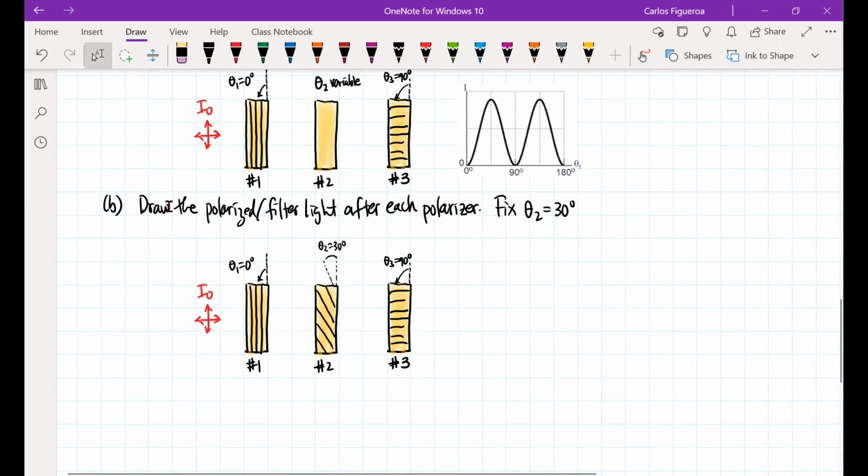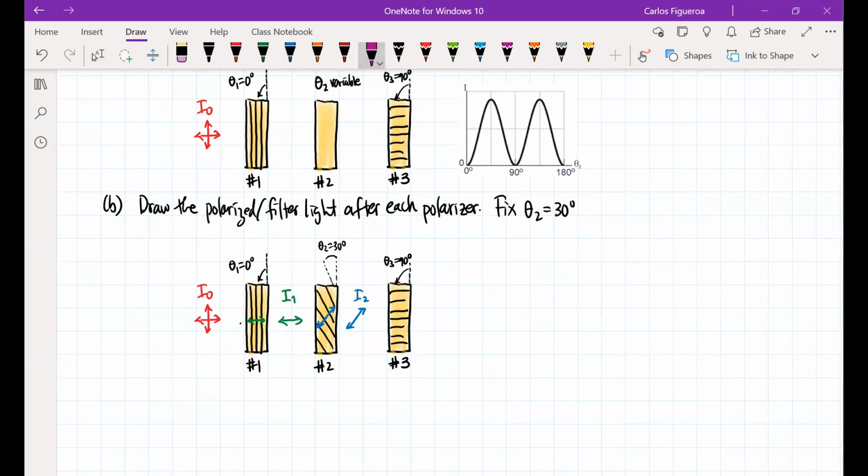So now what does the light look like? As the light goes through the first polarizer, only the horizontal component actually survives. And this is going to give me intensity 1. As it goes through the second polarizer, only the perpendicular component survives. So that means I'm going to get light that now looks like this, and that's going to give me intensity 2.